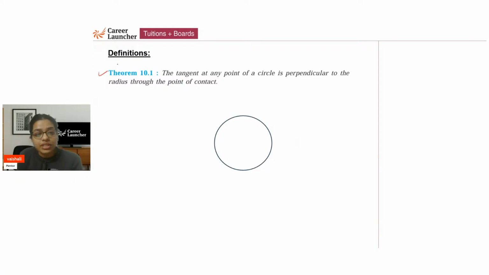The first definition is the tangent at any point of a circle is perpendicular to the radius through the point of contact. So for instance this is my center है ना, और यहाँ से ये क्या length होगी, this is my radius, right? So what the theorem is saying is जो tangent है at any point of a circle, so tangent is basically a straight line which touches the circle only at one point. ठीक है, तो tangent की खासियत ये है कि only at one point it intersects or touches the circle.